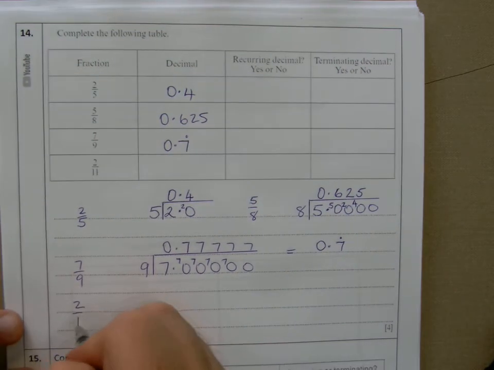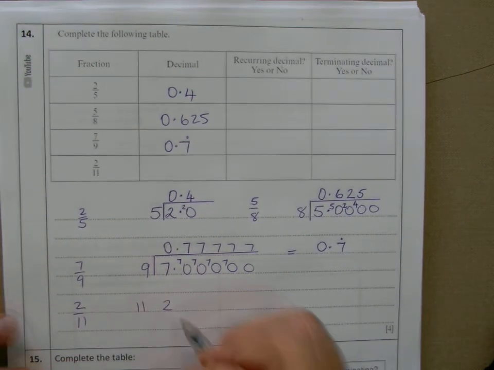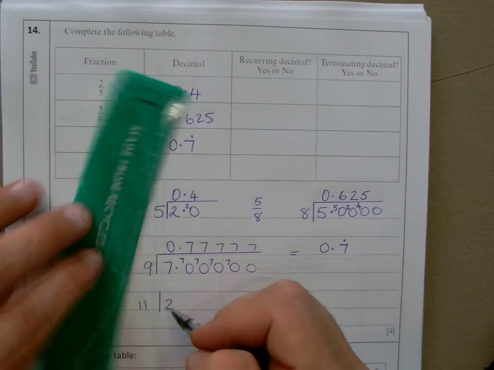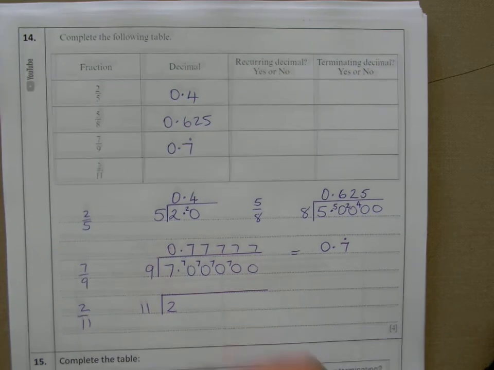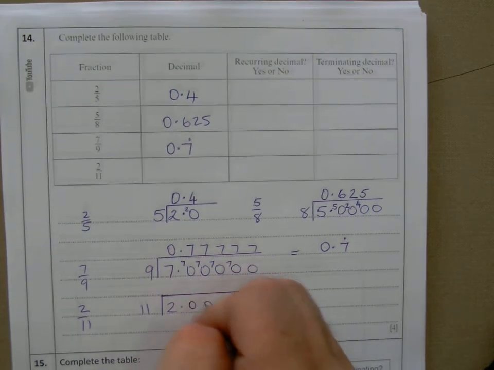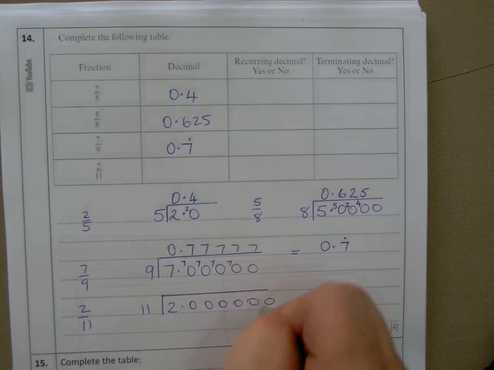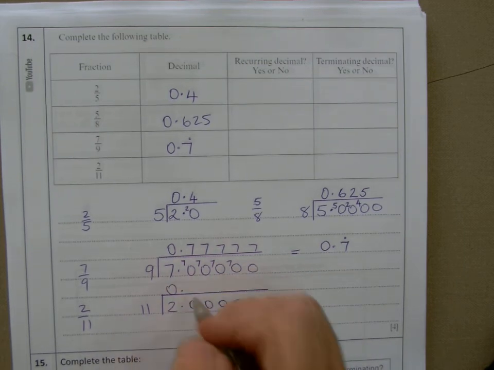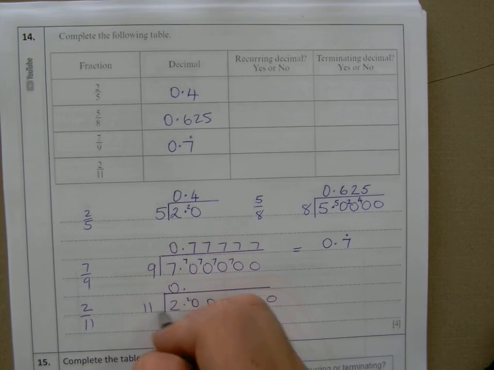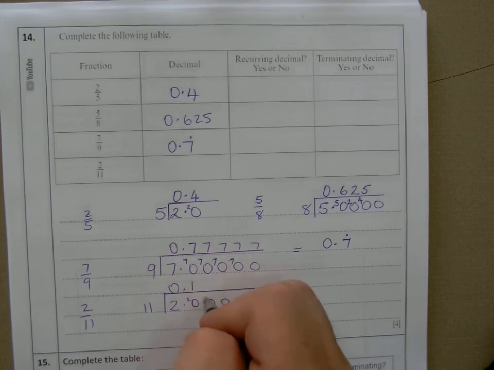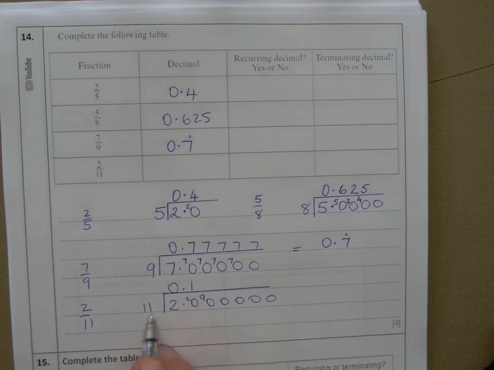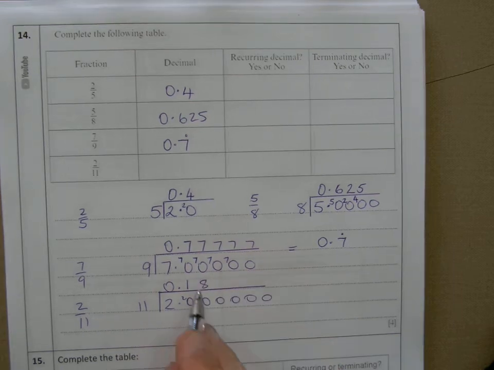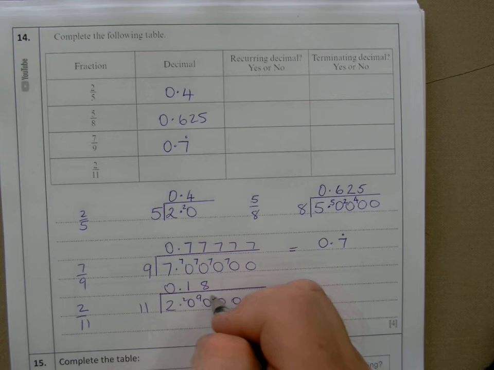Finally then, 2/11. We want to divide by 11 this time, and you'll see that we'll have something similar. Again, we'll have a recurring decimal, so we put loads of zeros here. 11 obviously doesn't go into 2, so we put a 0 there and carry the 2. 11 goes into 20 once, with remainder 9. 11 goes into 90 eight times, and 8 times 11 is 88, so there's a remainder of 2.